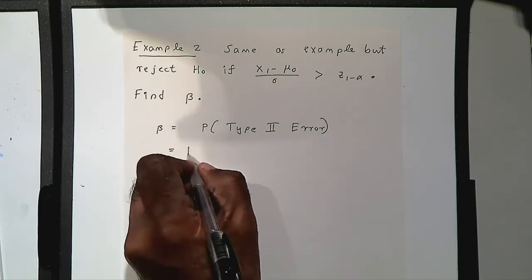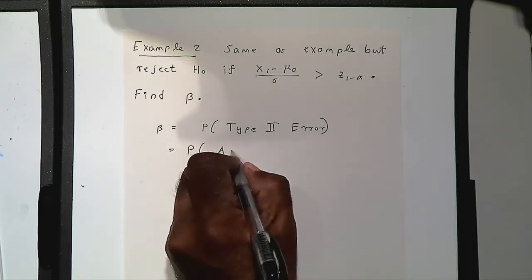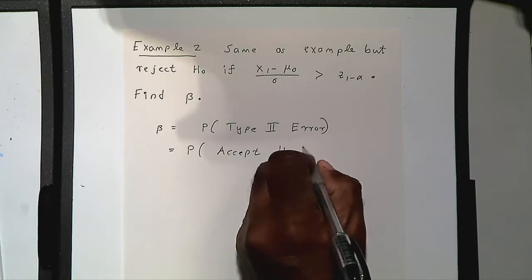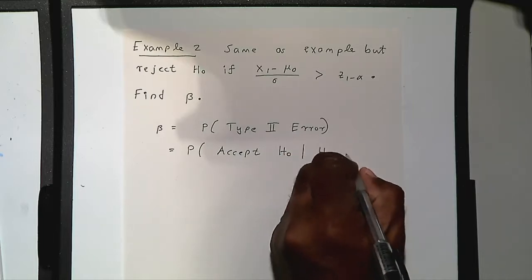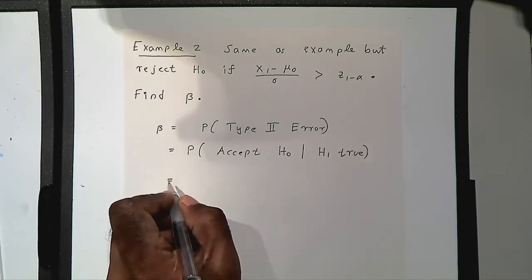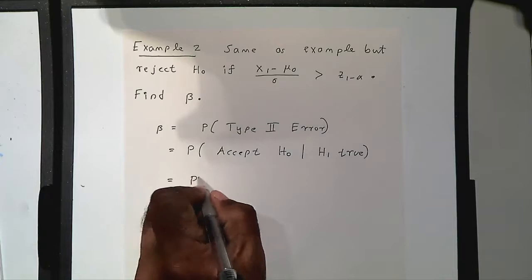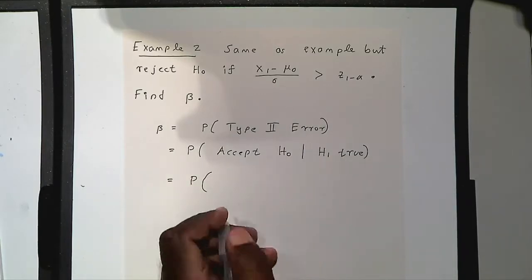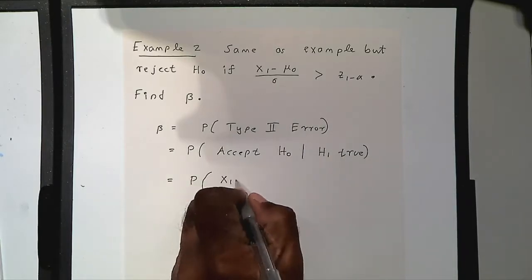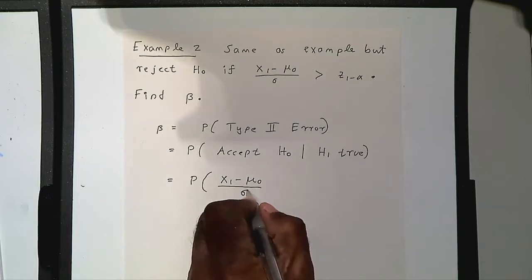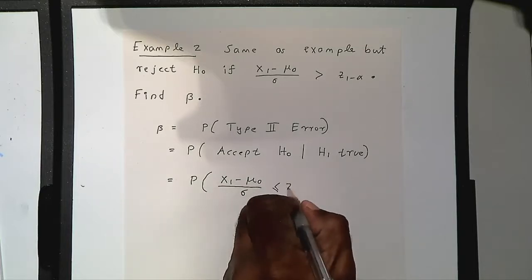which is the probability of accepting H0 when H1 is true. So this is the probability that, this is the rule for rejecting, right? The probability of accepting would be x1 minus mu 0 divided by sigma less than or equal to z.